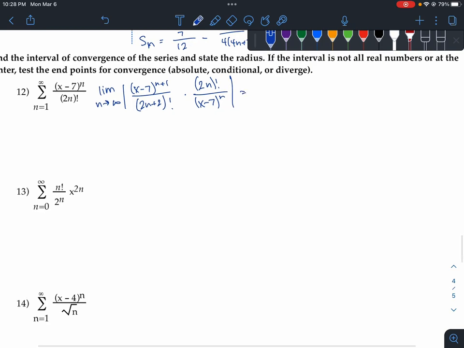And if you simplify that, well, this is going to be x minus 7, okay, times the limit as n approaches infinity. So 2n factorial and 2n plus 2 factorial.